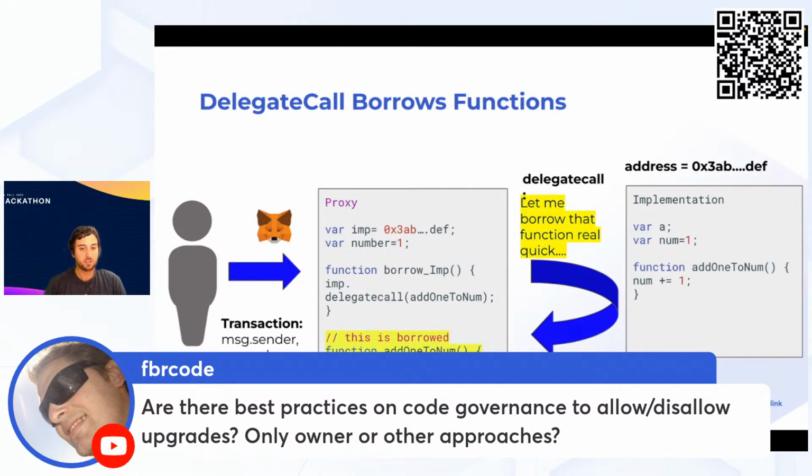Perhaps you have a not very security critical smart contract that you're iterating a ton on, like some kind of game. And you don't need a whole governance module and a multi-sig and all these different approaches at first. It really all depends, but we'll go over some of that in a bit.